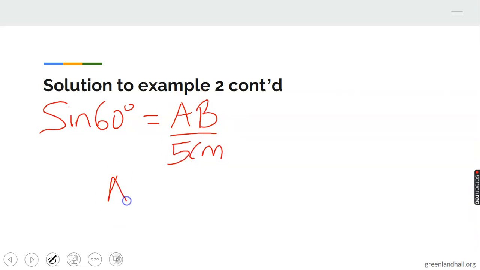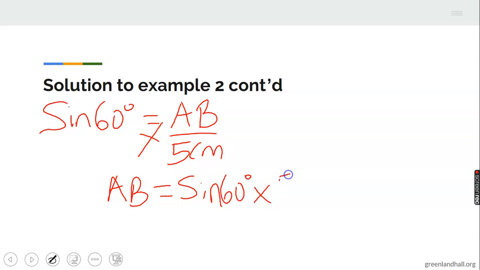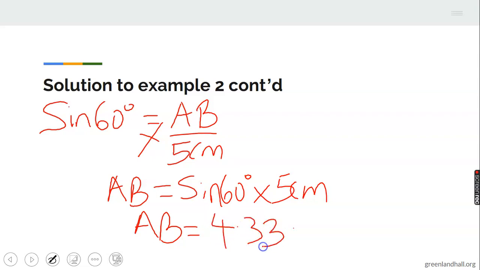So AB equals, you cross multiply, sine 60 degrees multiplied by 5 centimeters, which is 4.33 centimeters. That is to 2 decimal places.